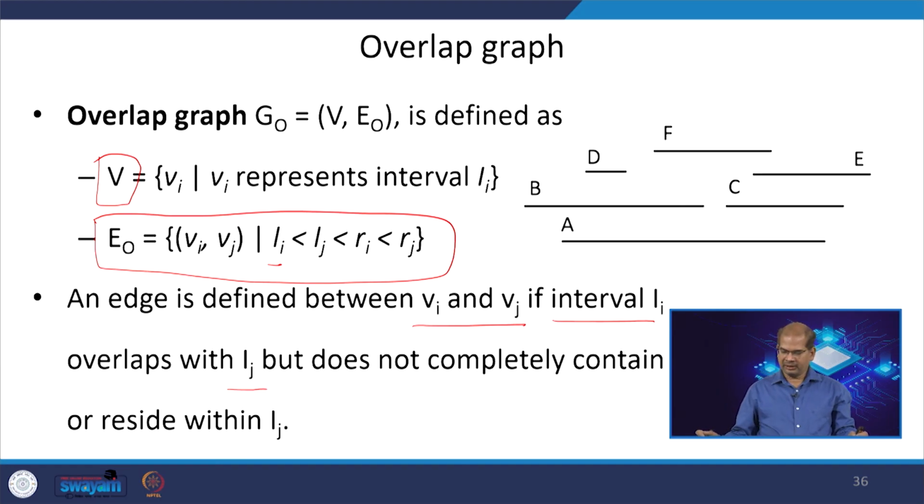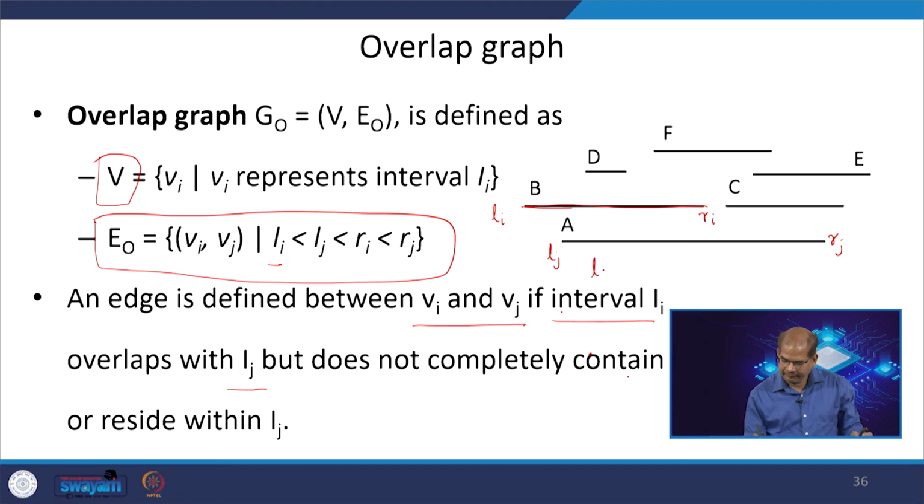For example, here A and B have an edge between them, but B and D do not. If you can see here, this is A, this is B. So, this is L I, L J, this is R I, R J. How are they related?